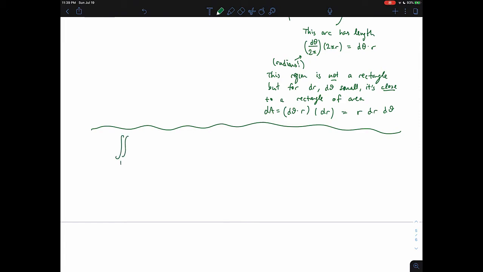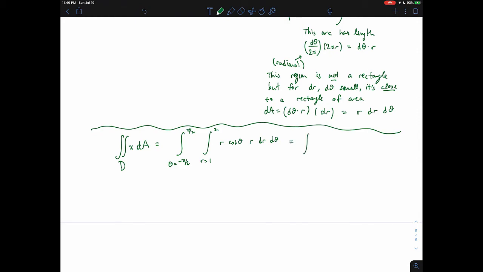Our integral that we're looking for, we figured out all the pieces. D is a polar rectangle running from theta equals minus pi over 2 to pi over 2, with radius r running from 1 to 2. The function x in polar coordinates is r cosine theta, and the area element is not just dr d theta, but in fact r dr d theta.